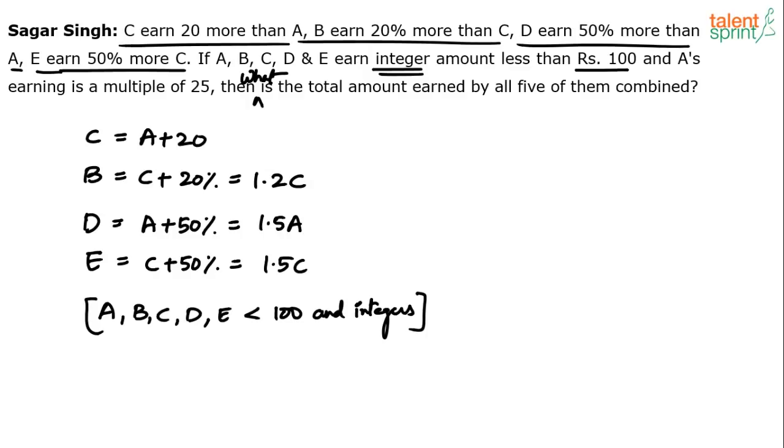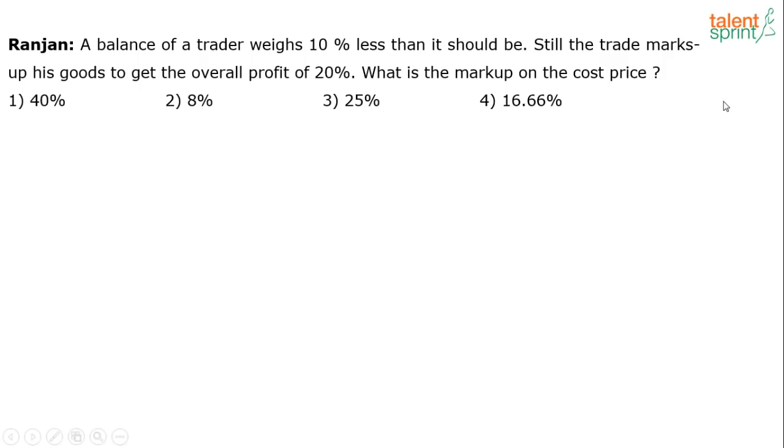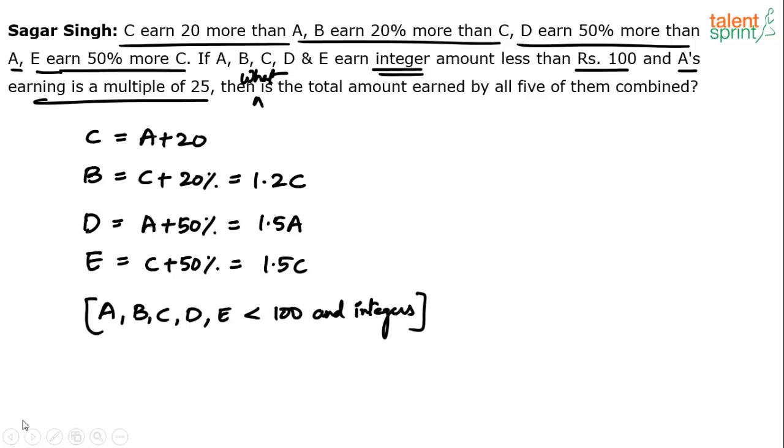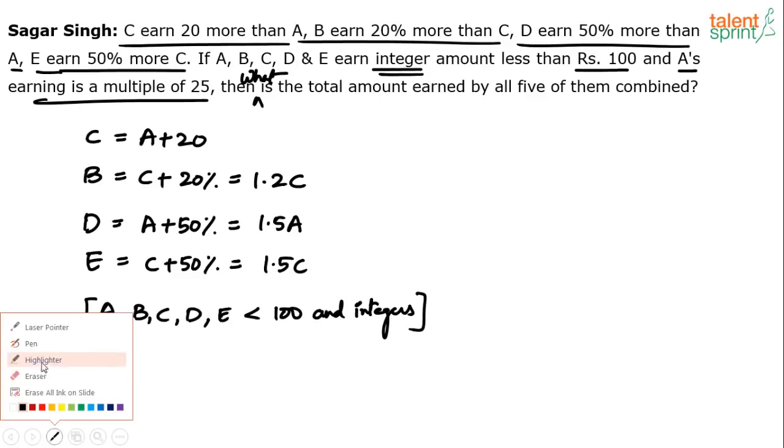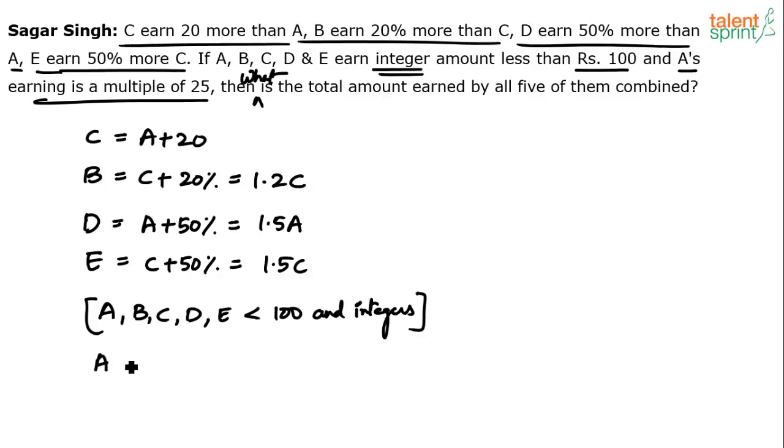So what are the possible values of A? A is equal to 25 or 50 or 75 or 100. You understand? All these are multiples of 25. However, 100 can be eliminated.